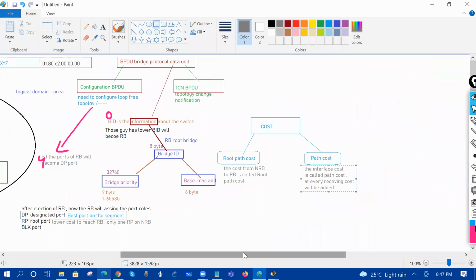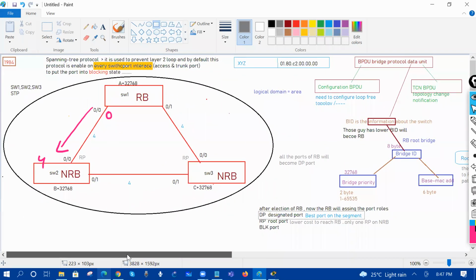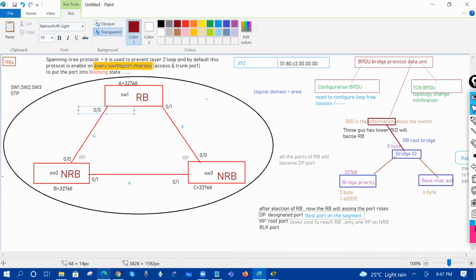So whenever the root bridge sends the BPDU, the cost is 0, and when it is received, the cost becomes 4. So who is the best port on the segment? The best port is 0/0. So 0/0 is always the DP. So in this case these are DP now, DP and DP. Always. This is the best port.